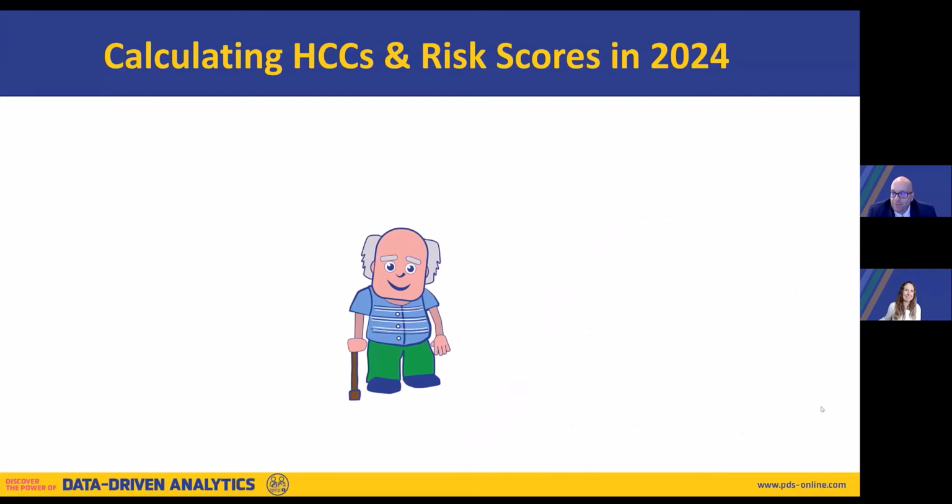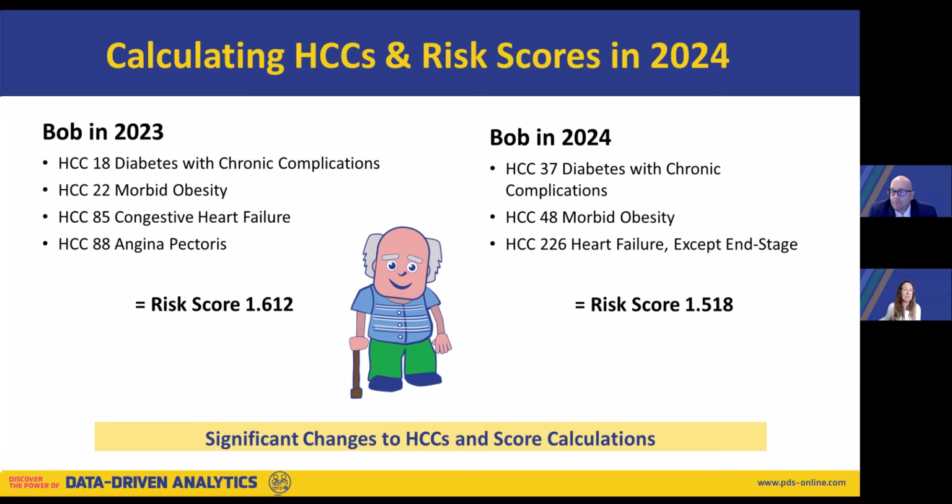In 2023, Bob's HCC is HCC 18 due to his diabetes. In 2024, he'll have HCC 37. The descriptions on several of the conditions have changed as well.